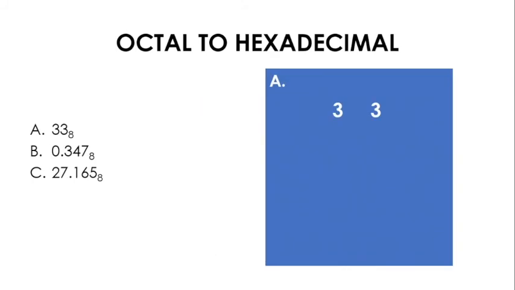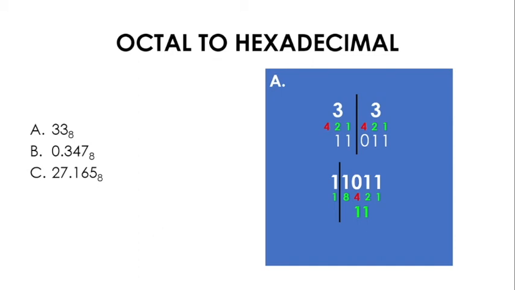So for the next topic, we will be converting octal numbers to hexadecimal. There are two parts in converting an octal number to a hexadecimal number. The first part is you'll have to convert the octal number to binary, and then you will be converting the binary equivalent of the octal to get the hexadecimal equivalent of it. So for a whole octal number, our first example, 33 octal, the binary equivalent of 33 octal is 11011.